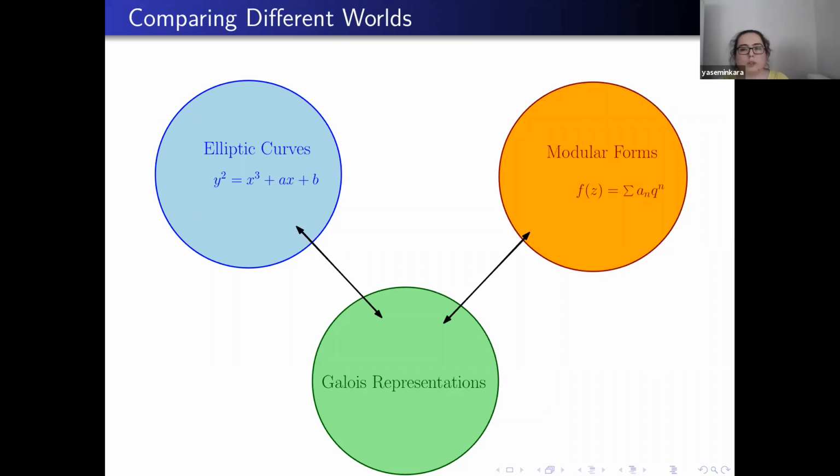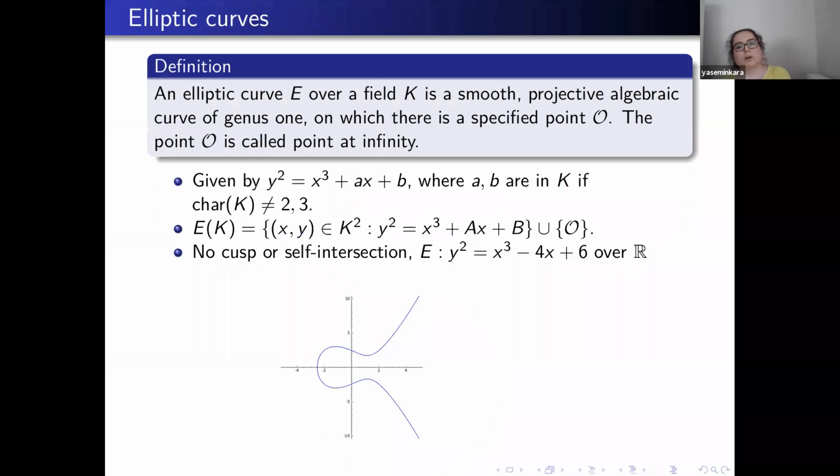Okay. And actually, to compare elliptic curves and modular forms, the medium step is Galois representations. So I will talk about each of them a little bit, and then talk about these main theorems.